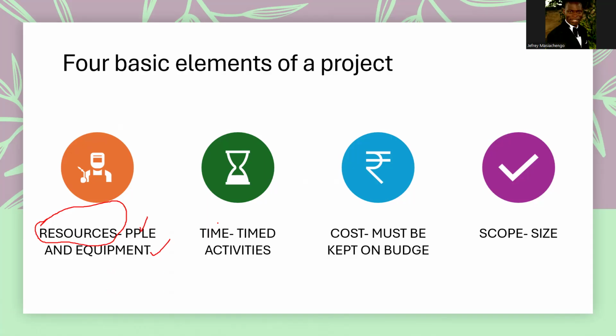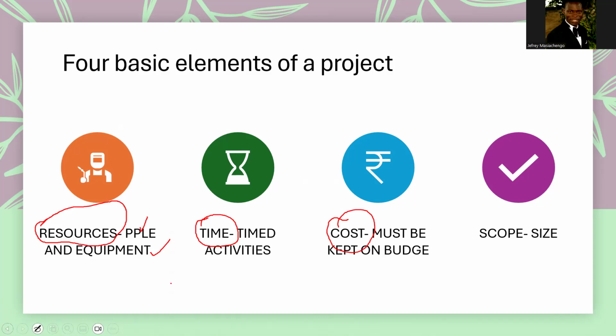Also, you must be in a position to manage the time. So you are supposed to strike a balance, because if you employ these people for a longer period, or hire the machine for a longer period, it will cost you a lot. So you are supposed also to manage the cost. Remember that we said a project should have a budget.